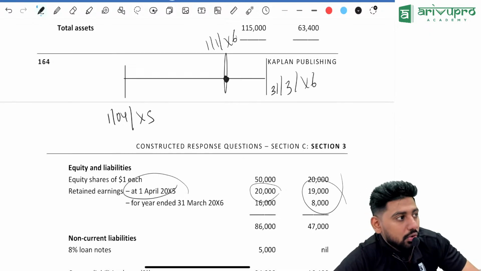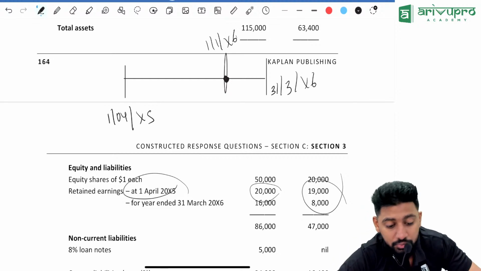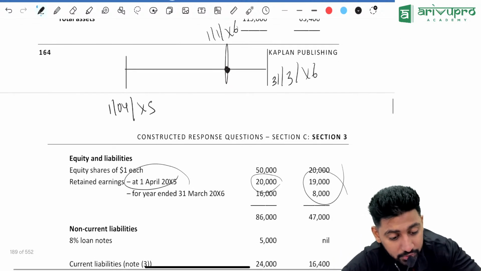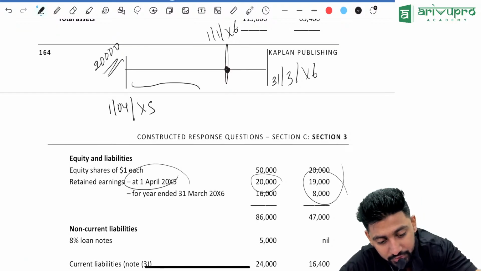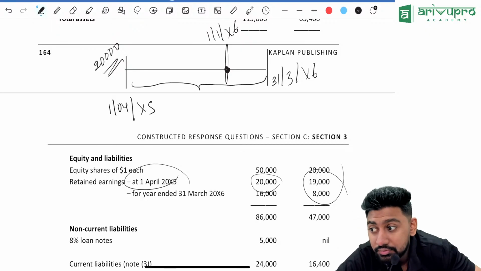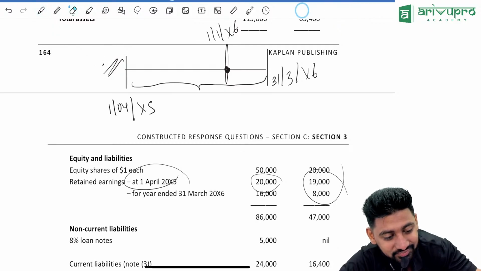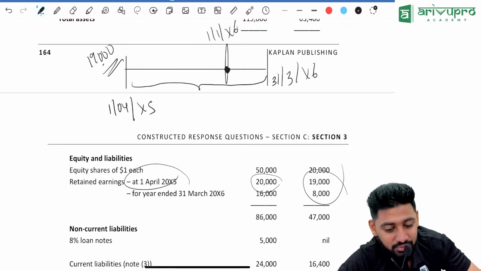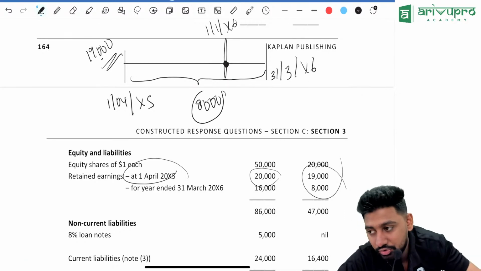So I want my goodwill calculation at this point. So basically they have told me 20,000 is at 1st of April 2015. Sorry, it's 19,000, thank you. So my brought forward is 19,000. During the year, my total profit that the subsidiary is making is 8,000.